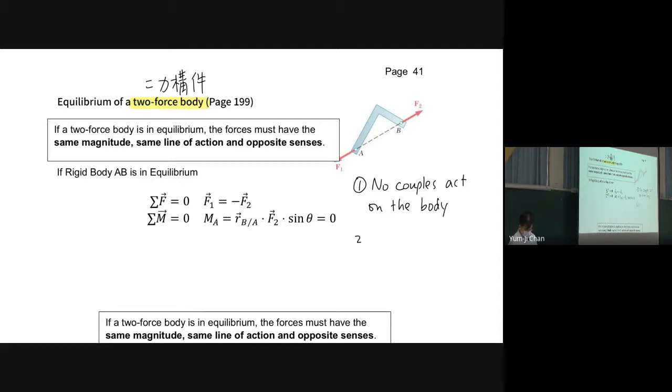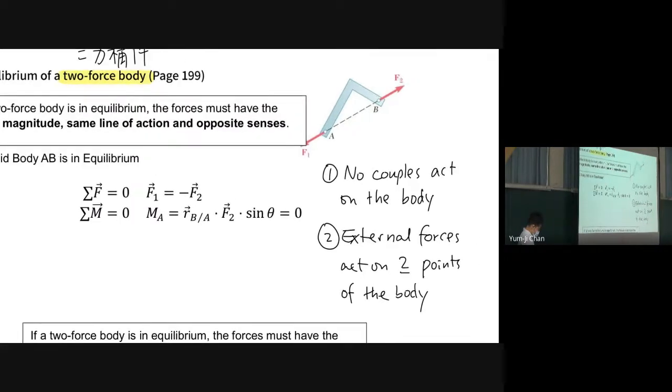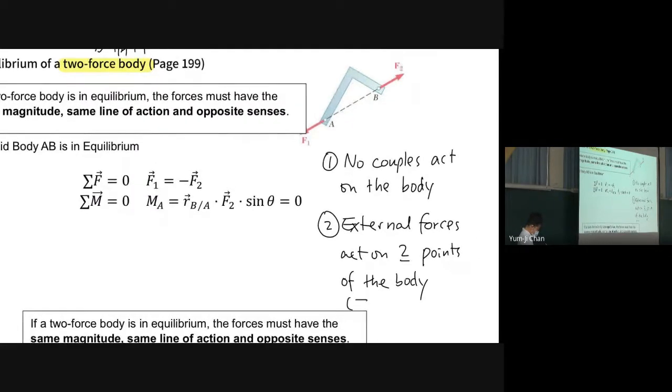And the second thing is external forces act on 2 points of the body. Remember, it does not mean 2 forces. Please write this down and I will explain in a minute.